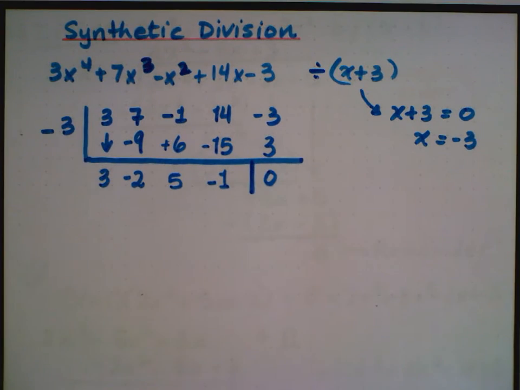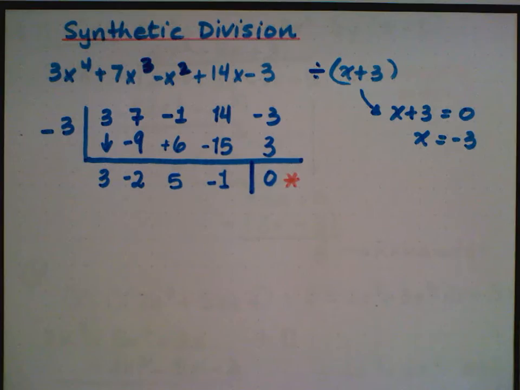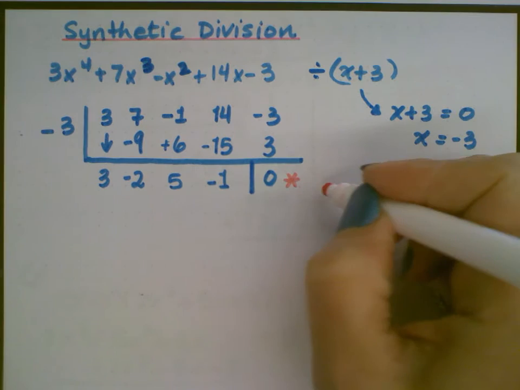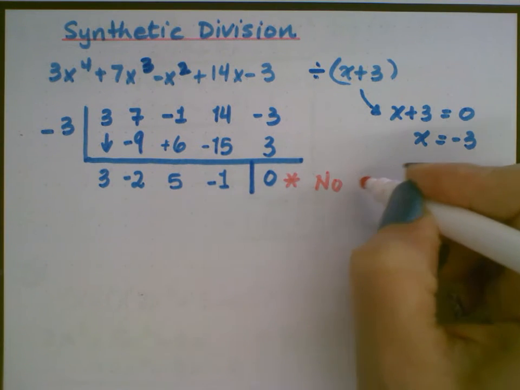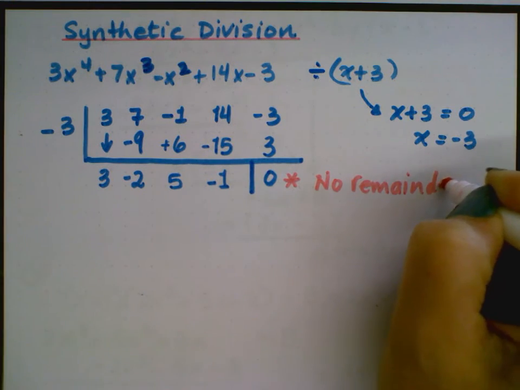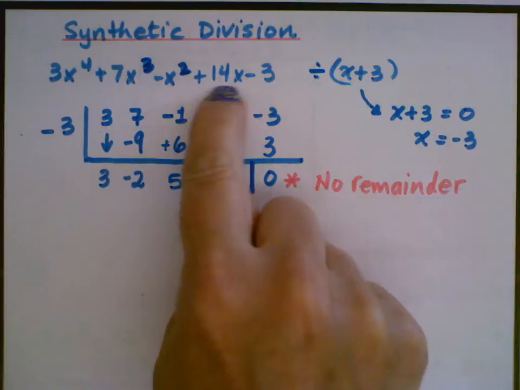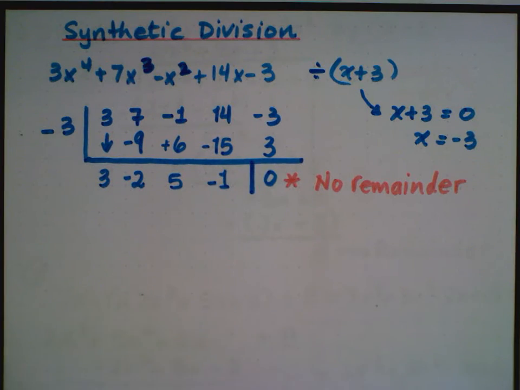So that's actually super important. If I do a synthetic division and I get a 0 in this last position, that means that there is no remainder. Meaning that when I divide the polynomial by the binomial, it goes in completely without any remainder.